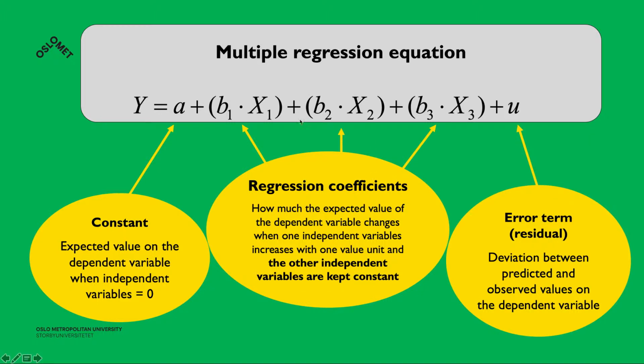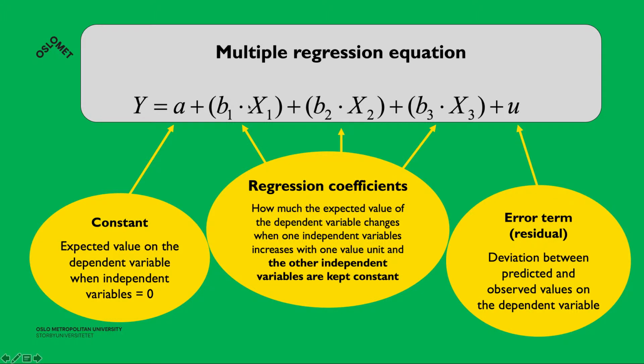So if we want to look at the effect of this regression coefficient on y, the dependent variable, we have to hold these two constant, and we can just put in 0, for example, as the value, or another value, but we have to keep them constant, and then just let the value on this regression coefficient vary to see what the effect on y is.